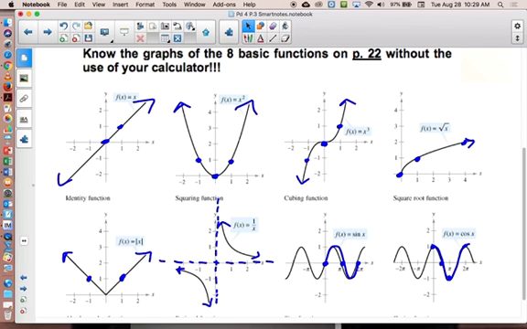The other thing that it's going to talk about is how to translate the graphs, how to move them left or right. It's going to talk about the leading coefficient tests, like if you have polynomials, what a rational function is, and then it ends with composite functions and even and odd functions, which we talked yesterday about even and odd.